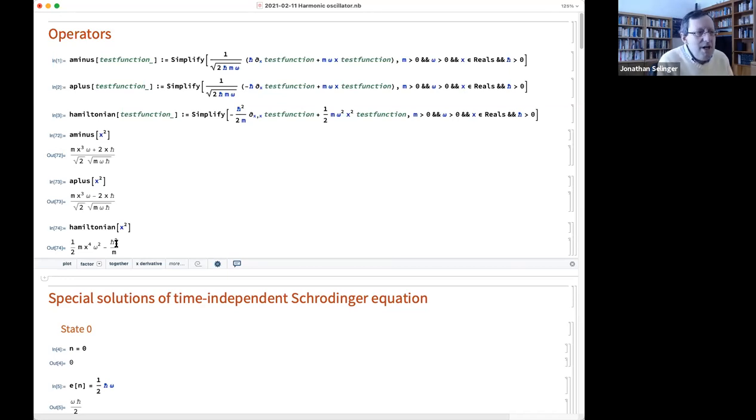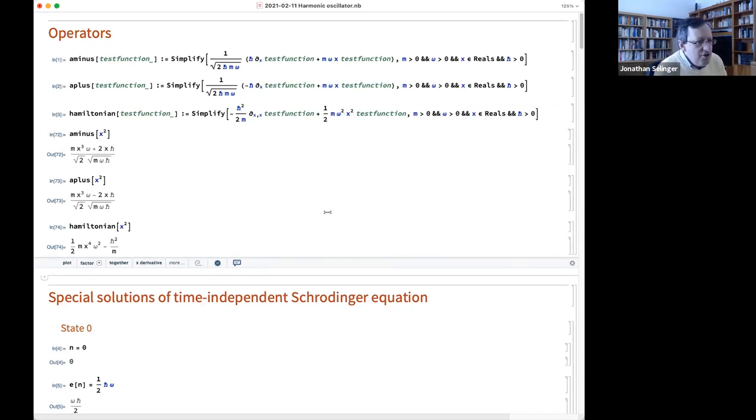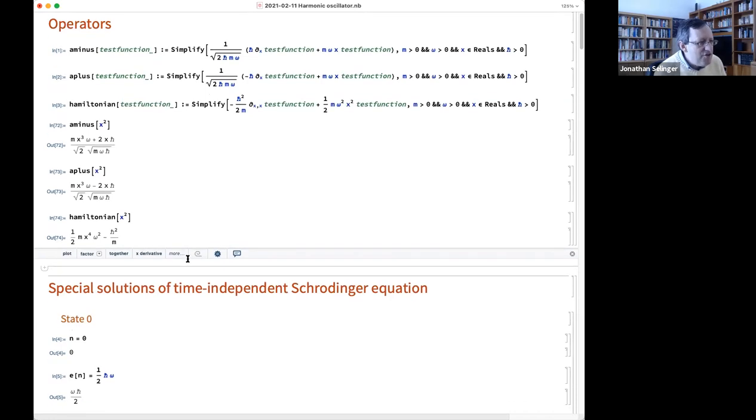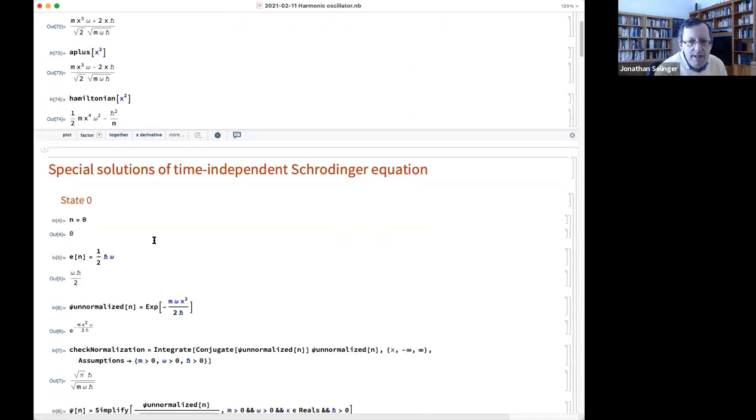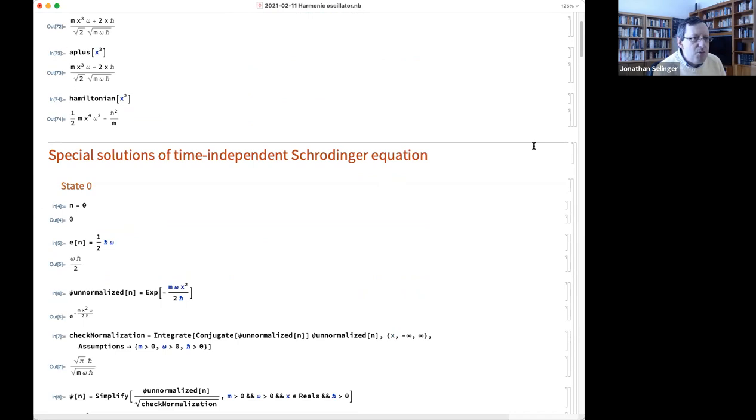Okay, so we did find the lowest solution. We found the solution corresponding to n equals 0, the ground state. So that's what I'm going to demonstrate here. For state number 0, we found from the calculation yesterday that the energy E_n for n equals 0 is a half h bar omega.